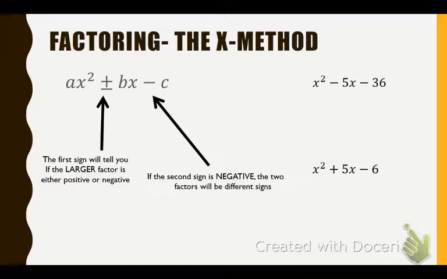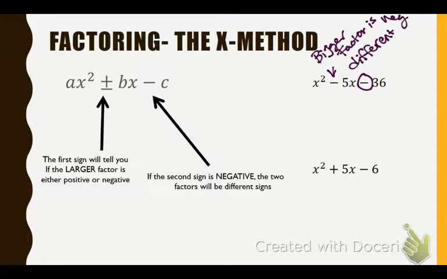Our first example is x squared minus 5x minus 36. Our second sign is negative, so that means they're going to be different signs. And the first sign is negative. That means the bigger factor will be negative.